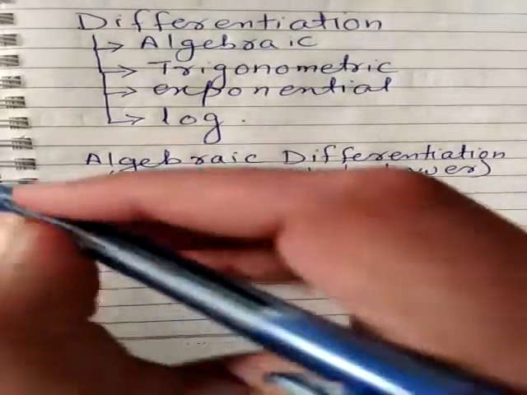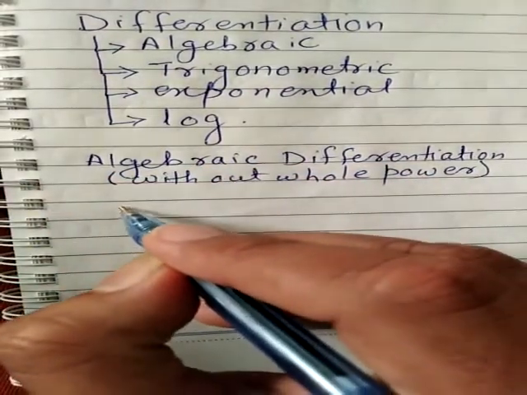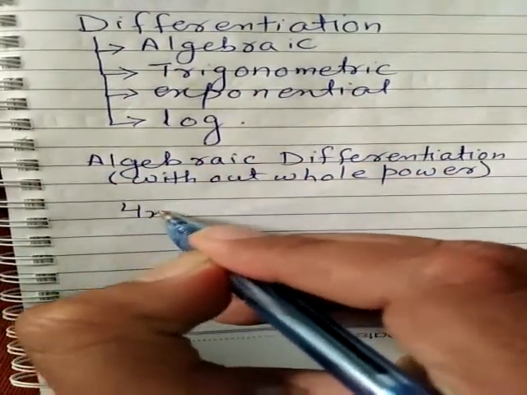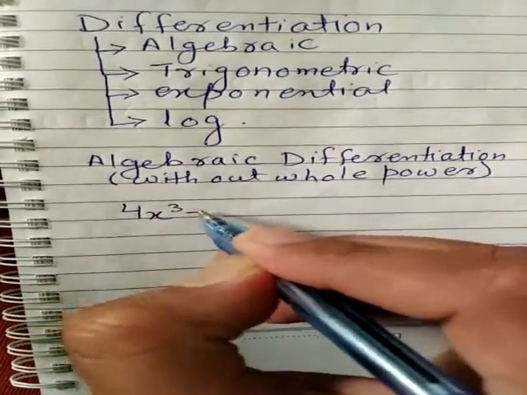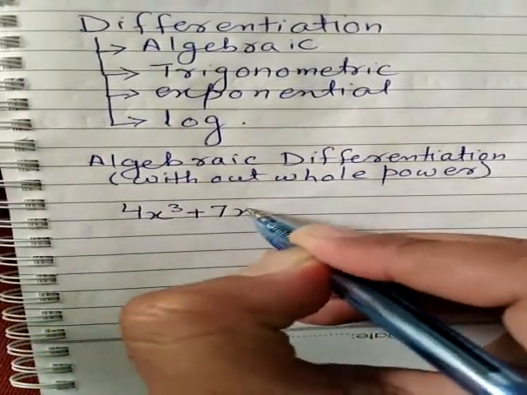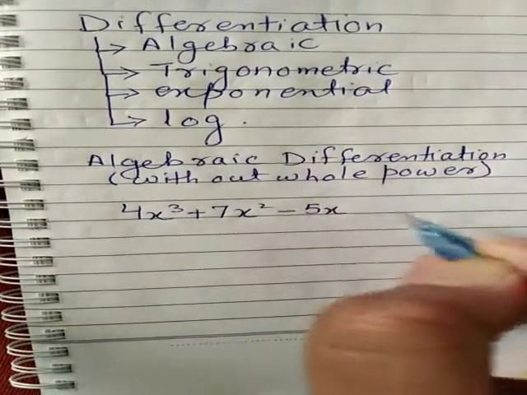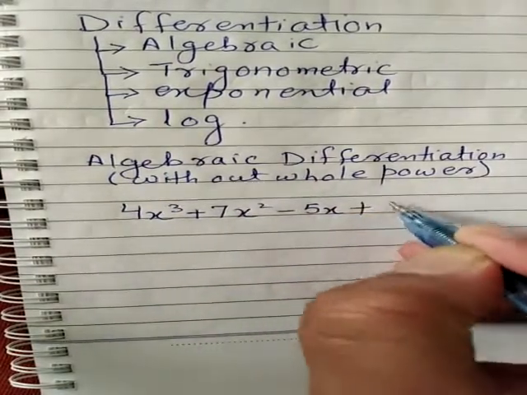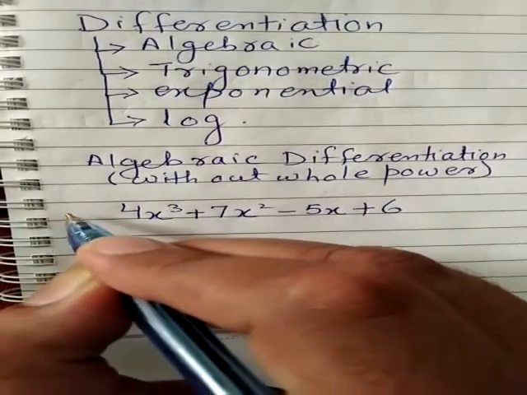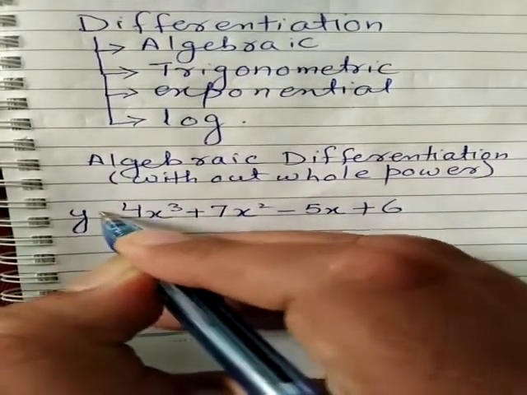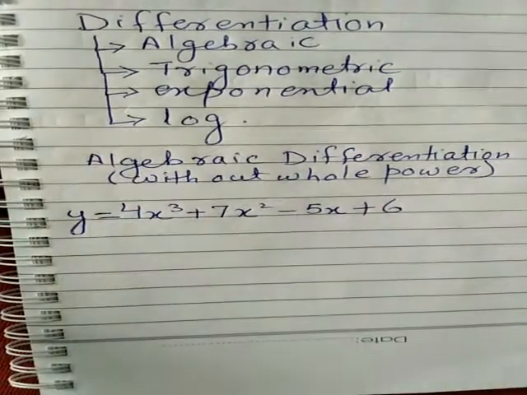Now see, for instance, I have got 4x cube plus 7x square minus 5x plus 6. For instance, this is the question given to me and they are telling me to differentiate it.